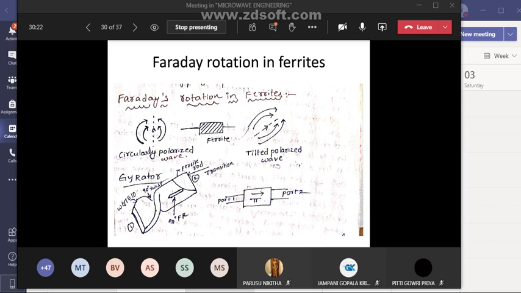Here the amount of tilt depends on the strength of the magnetic field, the shape of the ferrite rod and the material of the ferrite rod.